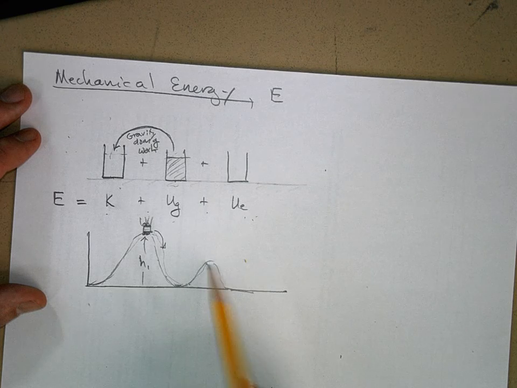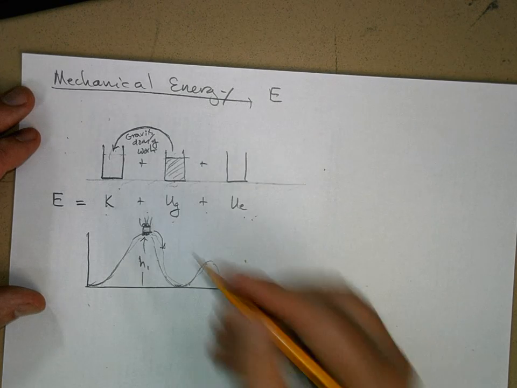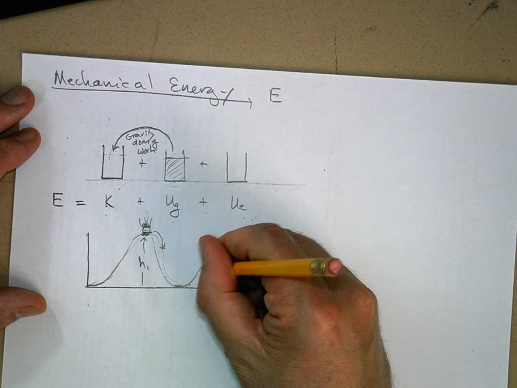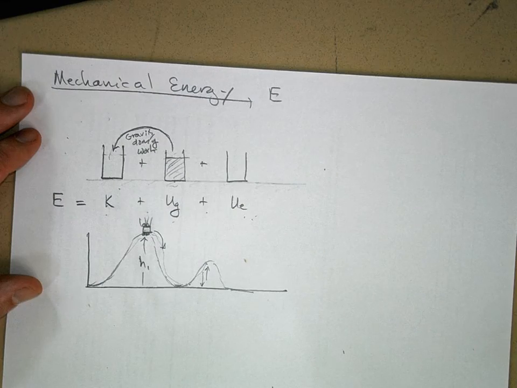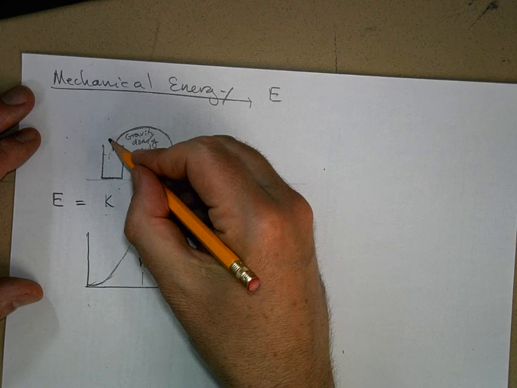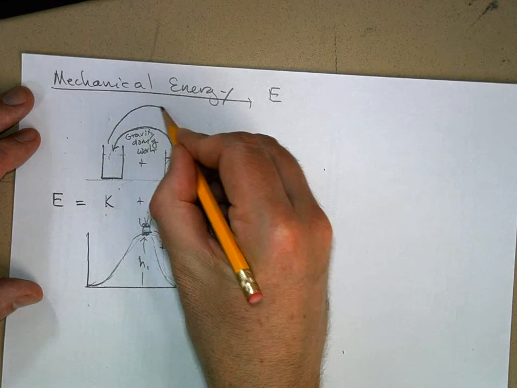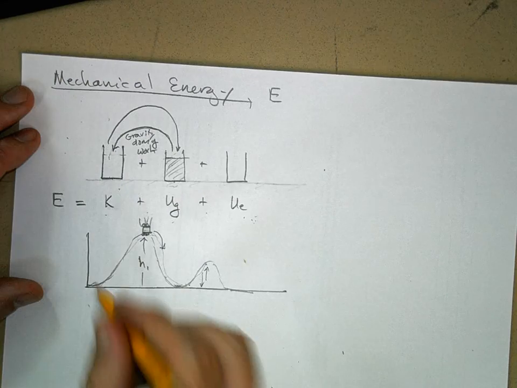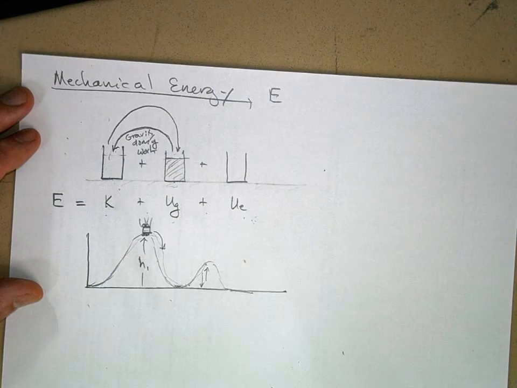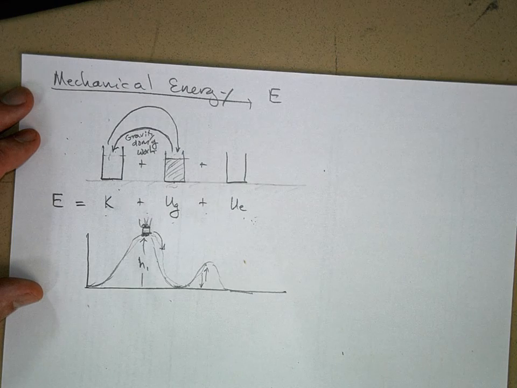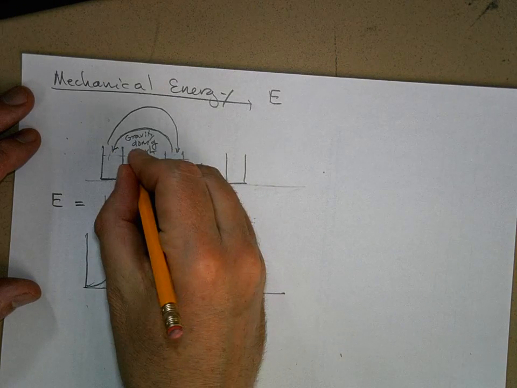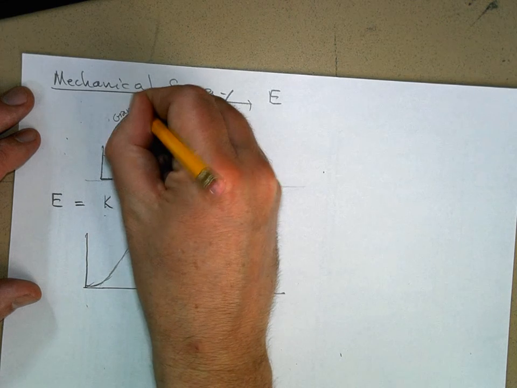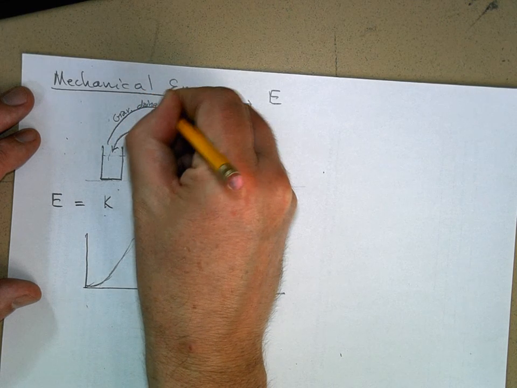Now gravity does work again, but the force of gravity is down, and your displacement is up. So gravity is doing negative work. When gravity does negative work, we lose kinetic energy and we gain gravitational potential energy. So here gravity's doing positive work, here gravity is doing negative work.